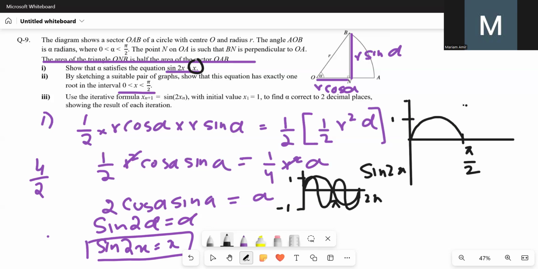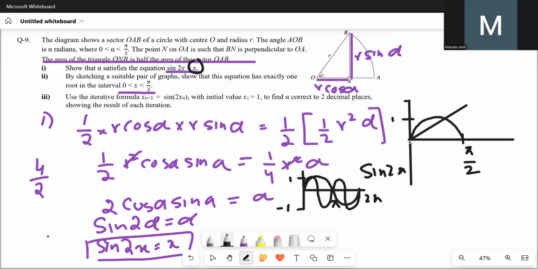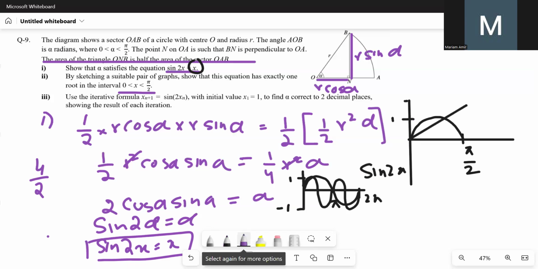And this would be the line y equals x. And one point of intersection, make a small cross at the point of intersection and write the concluding statement that one point of intersection shows that there's one root in the interval 0 to pi by 2. That concluding statement is important.